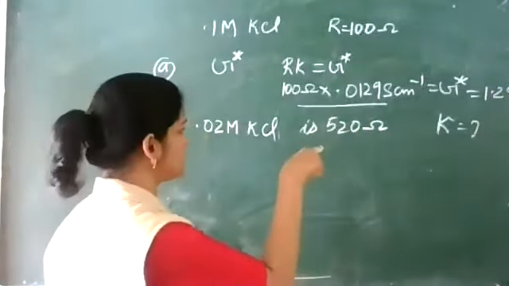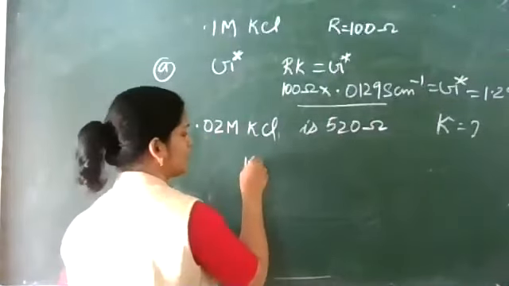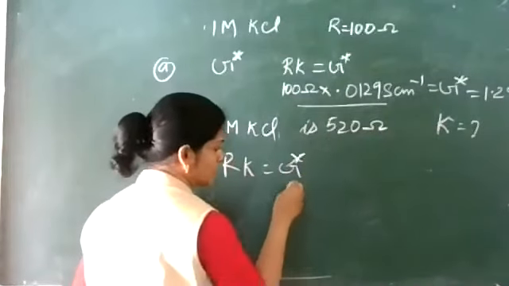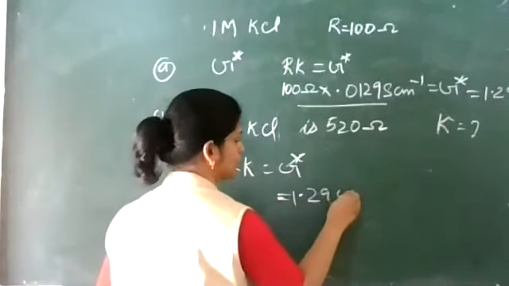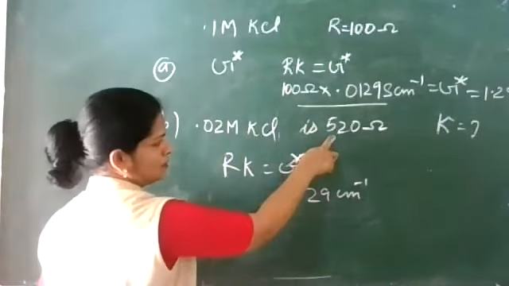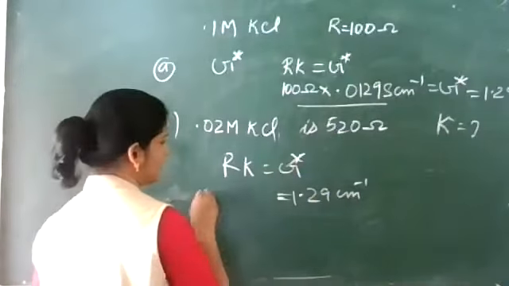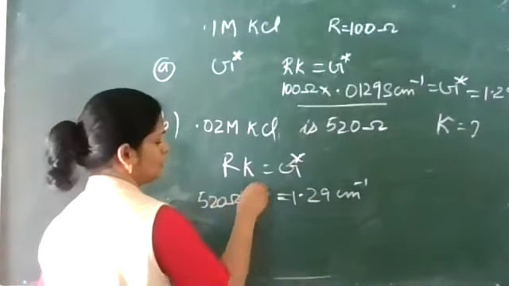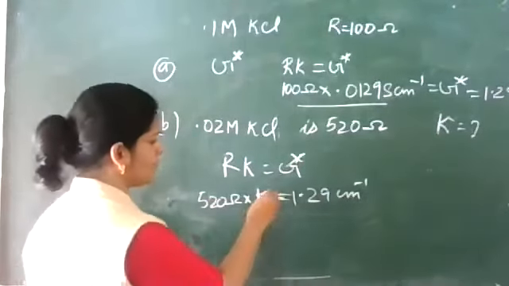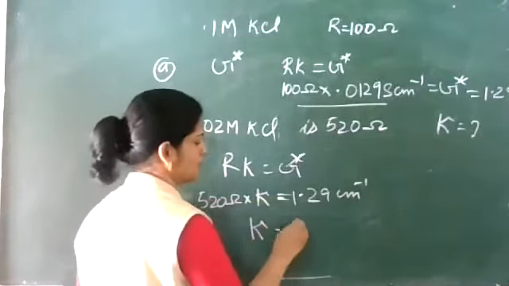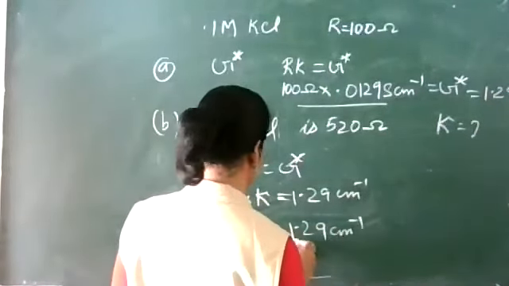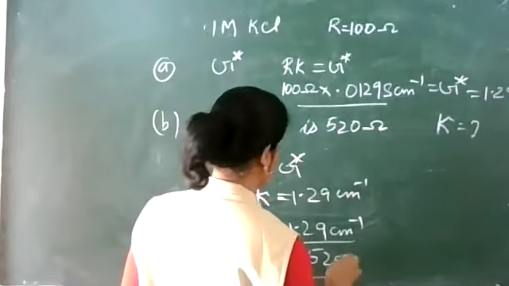That 1.29 centimeter inverse you will use in the second equation, again R is equal to G star by kappa. Instead of G star, we write 1.29 centimeter inverse. The resistance of this solution we found is 520 ohm. Now you can find kappa is equal to 1.29 centimeter inverse upon 520 ohm.